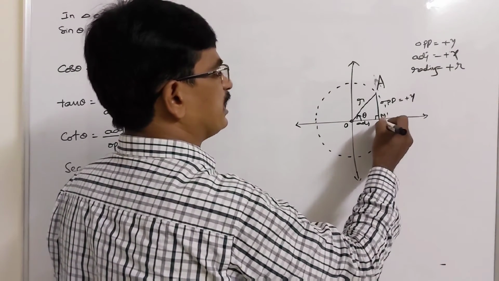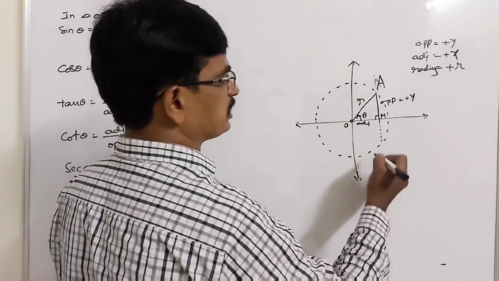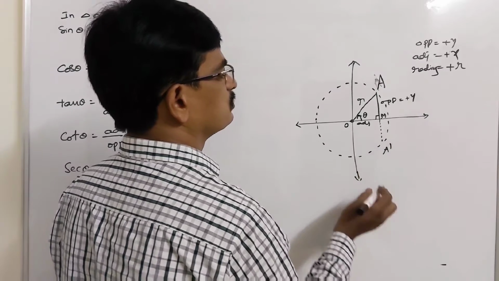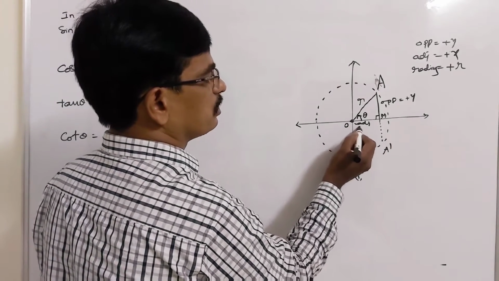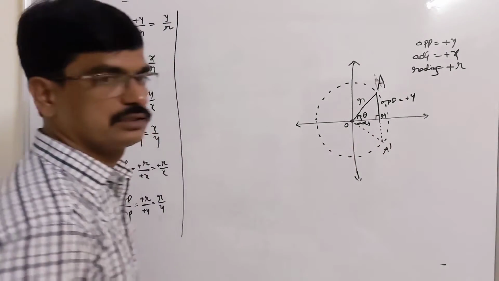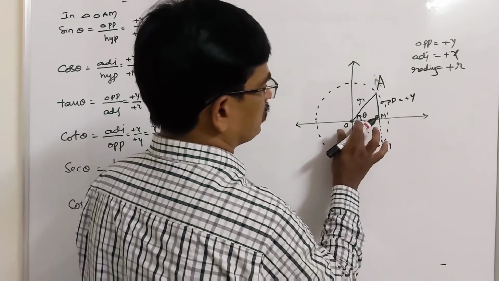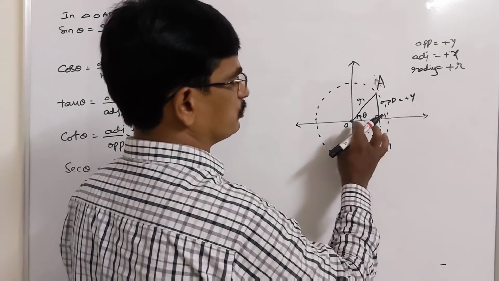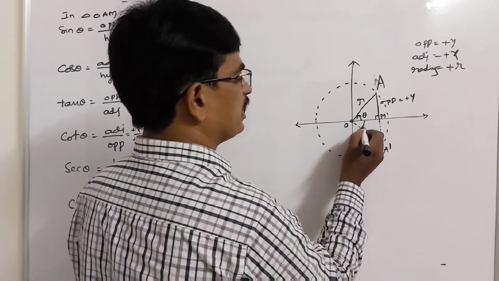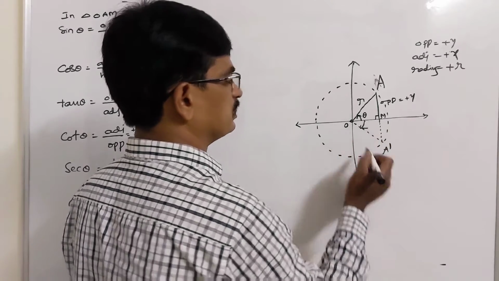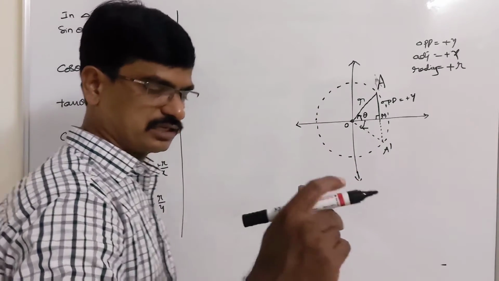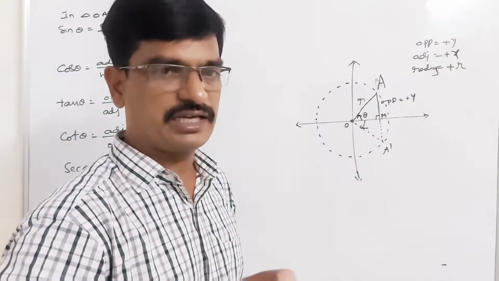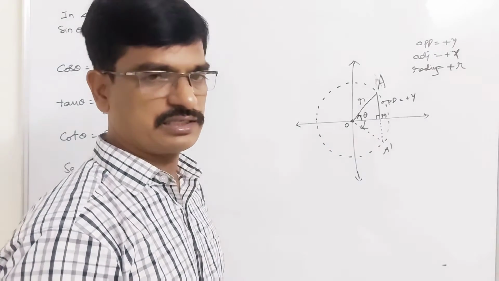Now if you produce AM to meet the circle at A dash, then join OA dash, then the angle made by OA dash terminal side with the x-axis is in the clockwise direction. So in the clockwise direction, the magnitude of the angle is decreasing.